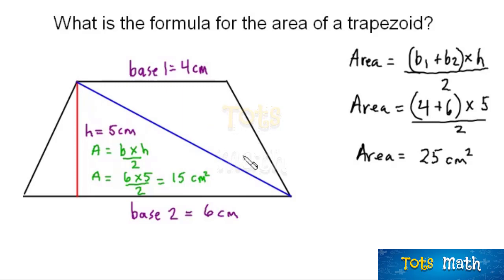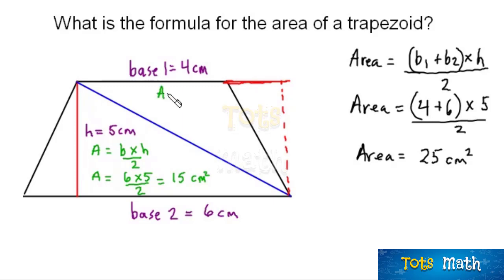Now we can find the area of this triangle. We know its base is 4 centimeters, and its height is the length of a line segment drawn from this vertex down to the base. Imagine extending this line a little bit. And that's the height. And you can see that it's exactly the same height as this triangle.